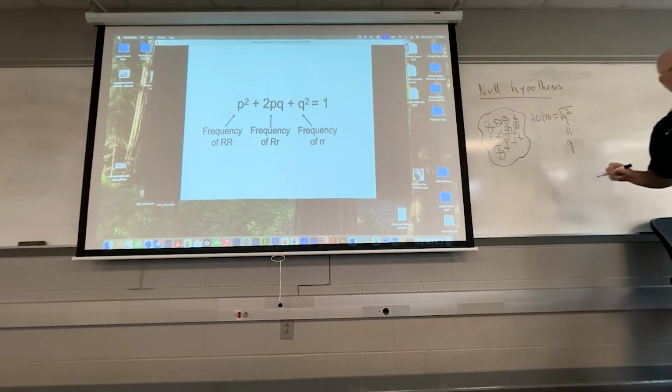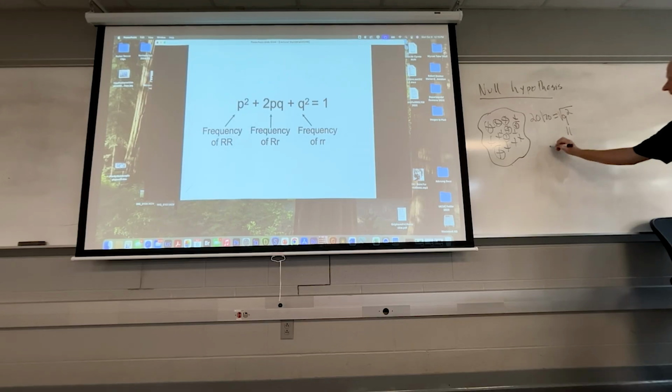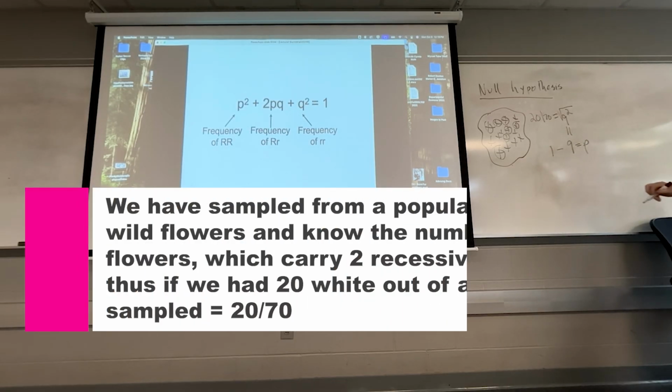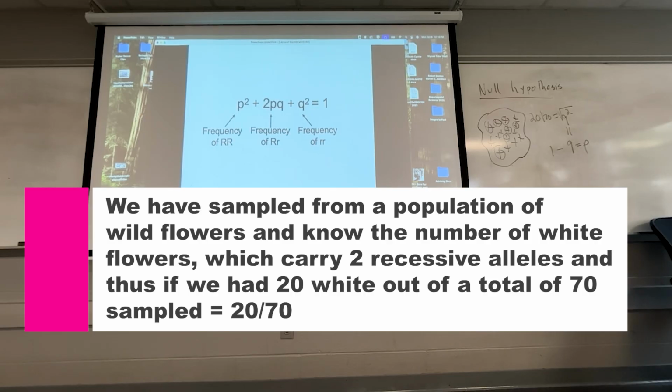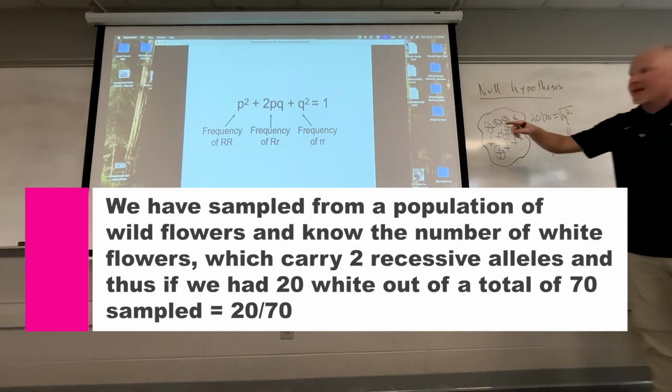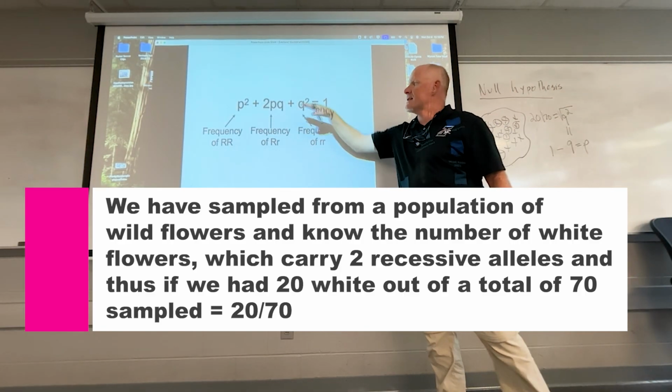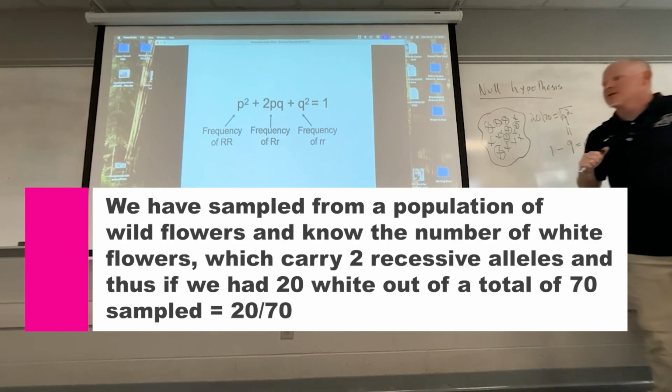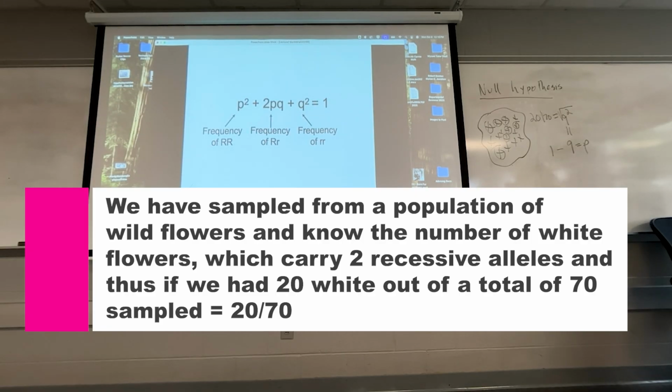We just subtract it from 1, right? We subtract this from 1, and that will give us P. So now we'll have Q and P, which are our dominant allele and our recessive allele frequencies, right? Then we can plug those into here, and that'll give us our genotype frequencies for our population, right?